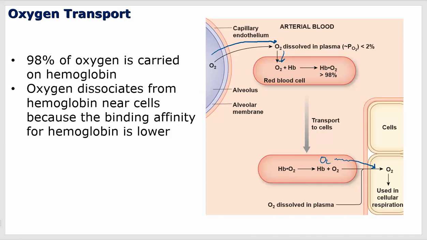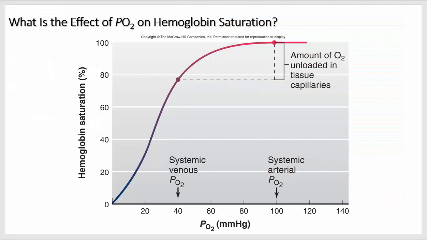So let's look at what this looks like on a chart. We're talking about the saturation. As we have higher concentrations of oxygen, we have more and more of it being bound to hemoglobin.